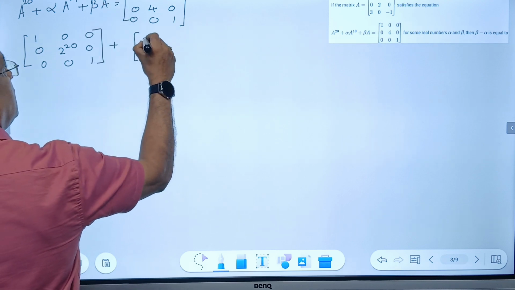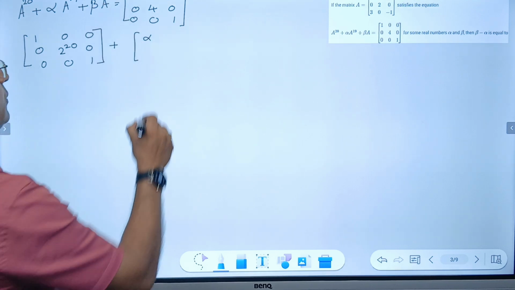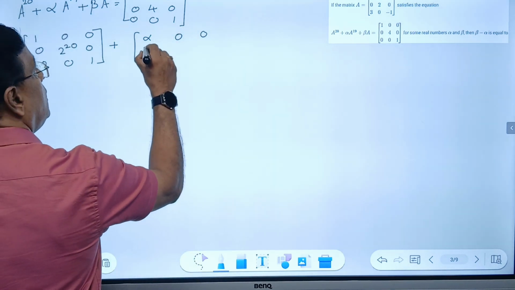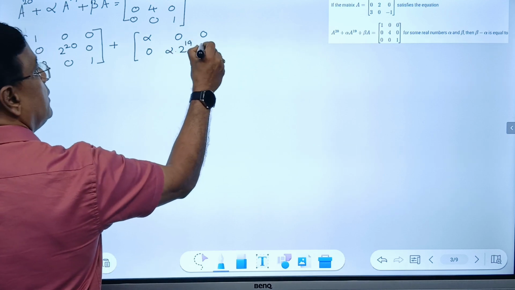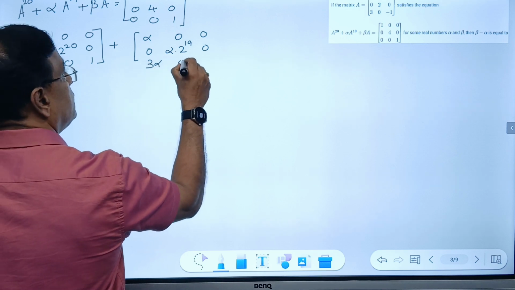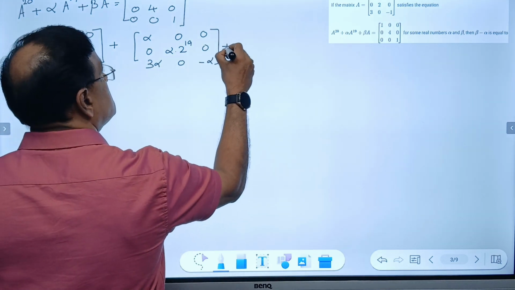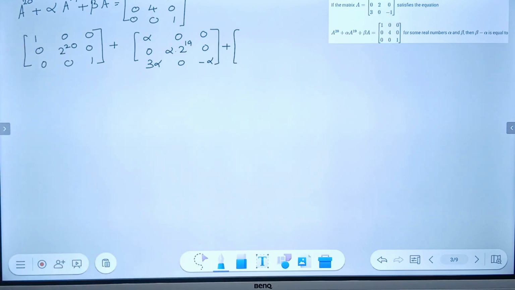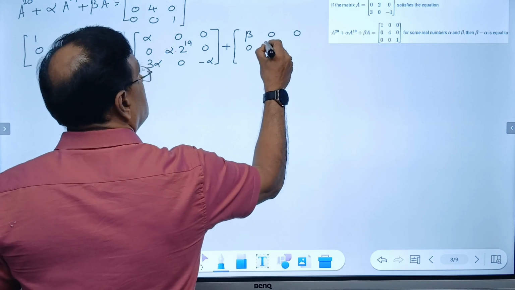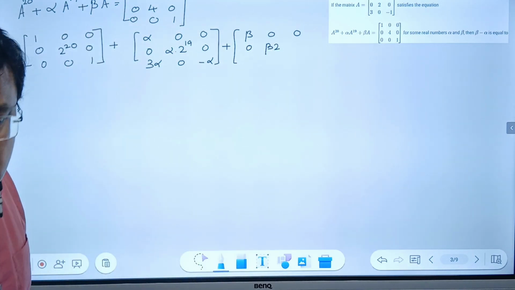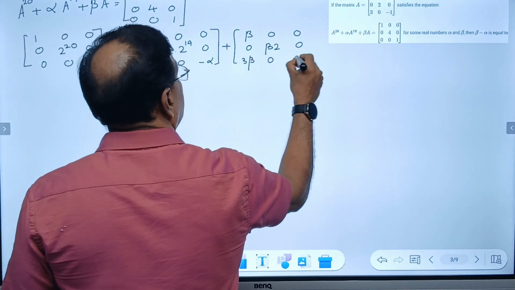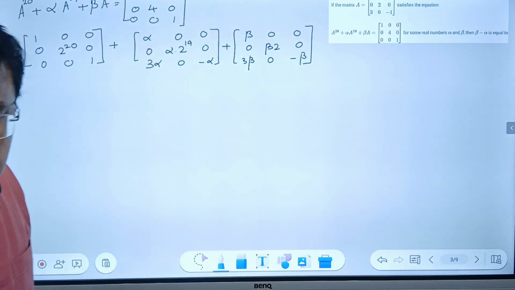A power 19 will be alpha times [1 0 0; 0 2^19 0; 0 0 1]. Plus beta into A. Beta into A will be beta 0 0, 0 2 beta, 0 0 beta, correct?